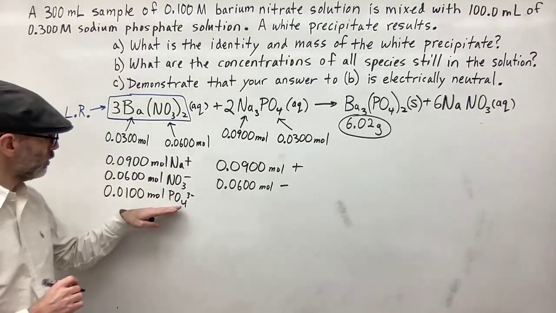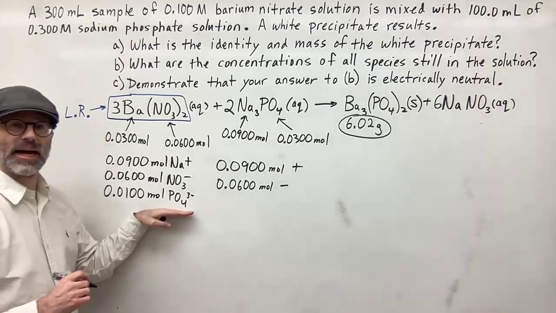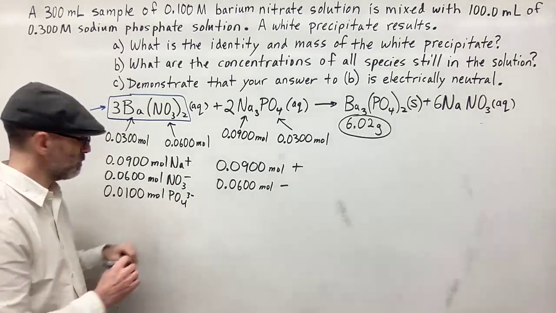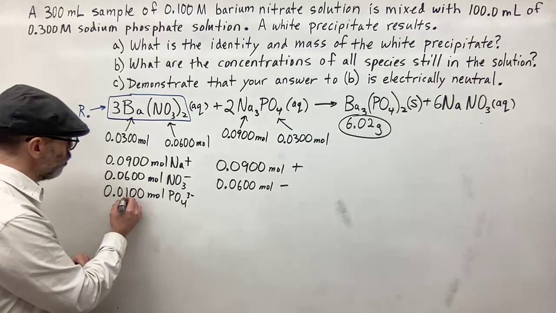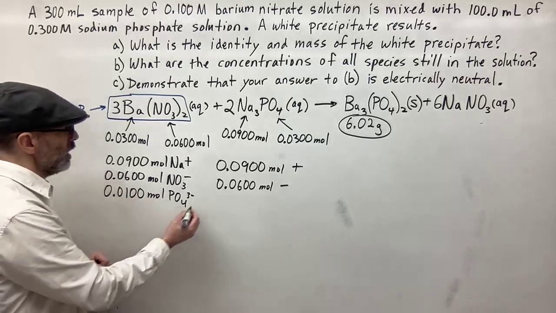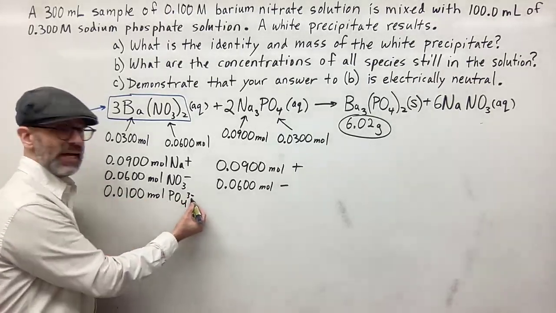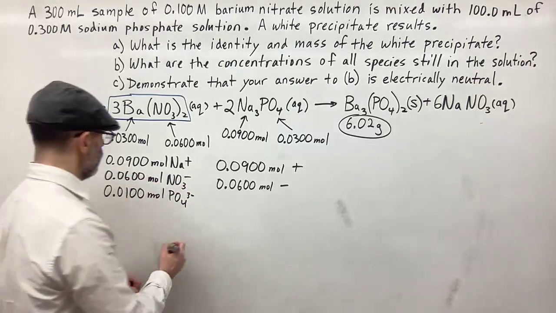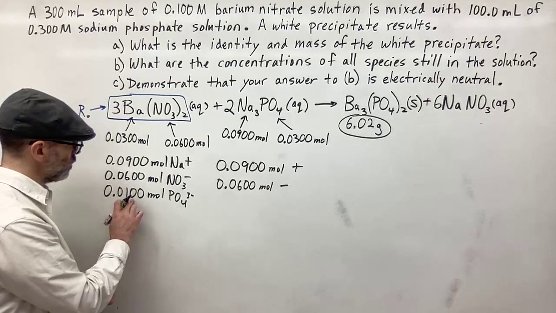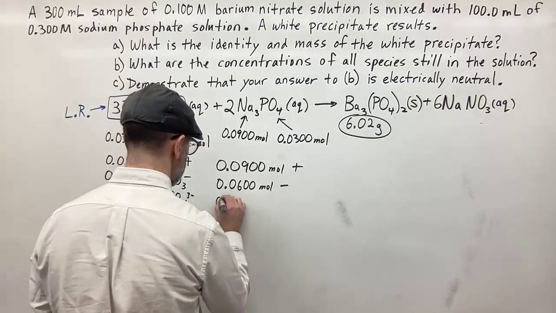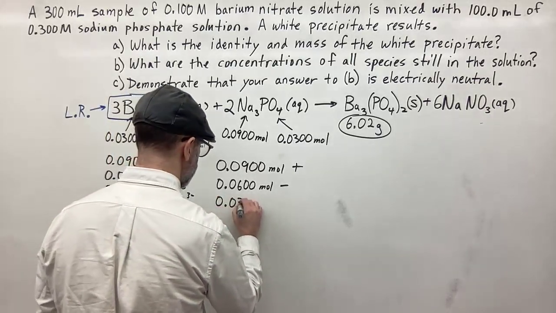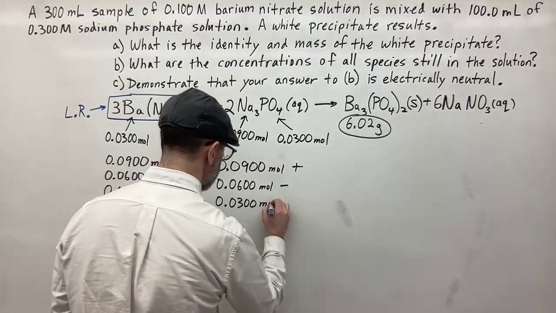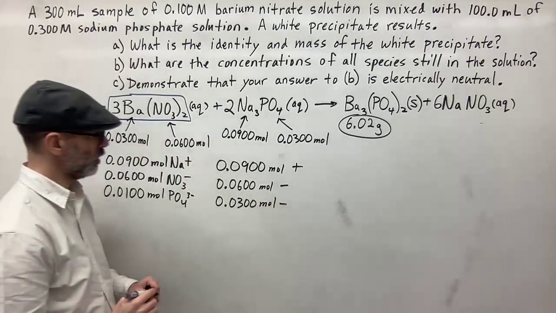And then we have our phosphate ion that has a 3 negative charge, and we have 0.0100 moles of that. But since each phosphate has a 3 minus charge, we're going to have to multiply this by 3. So 0.0100 times 3 is 0.0300 moles of negative charge.